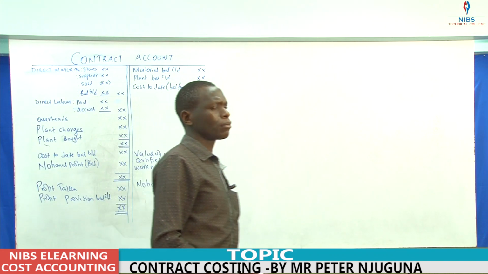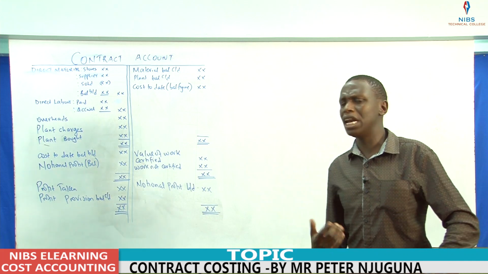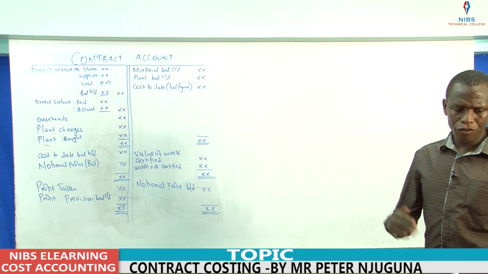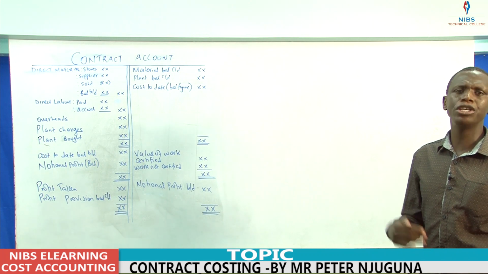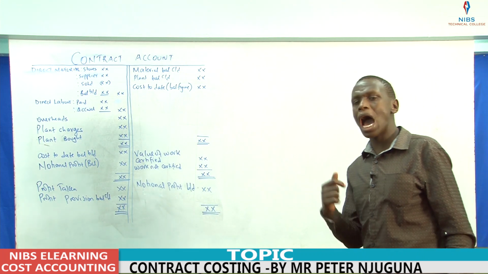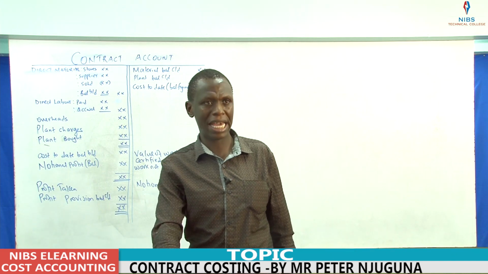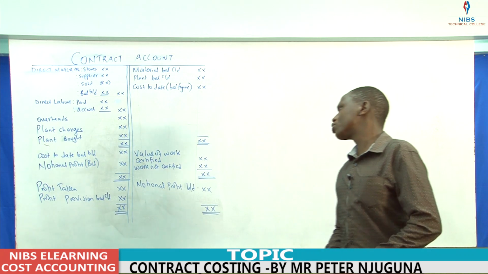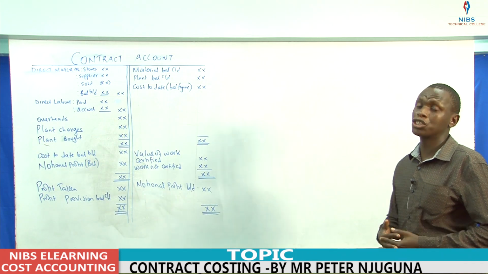So one of the main challenges with a contract is how we accumulate costs from the point where you start the contract up to the point where the contract ends. Tracing of cost is the most important thing. So we normally do that through what we call a contract account.